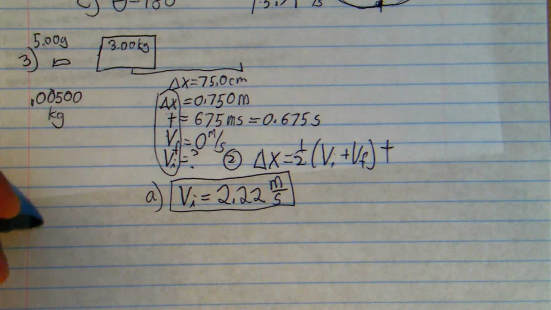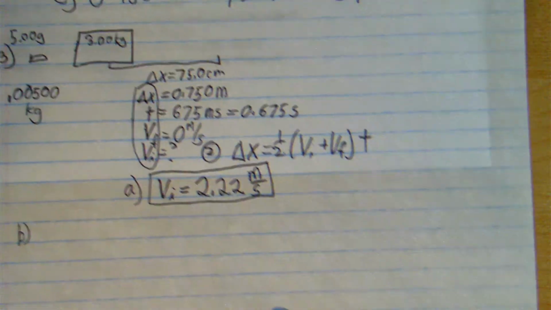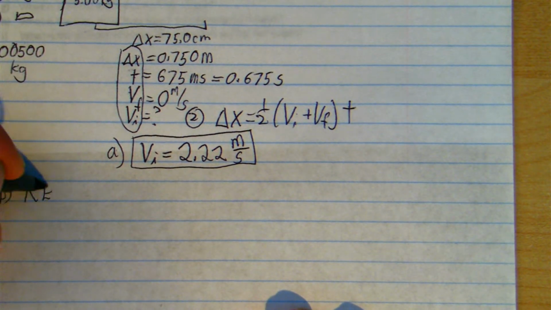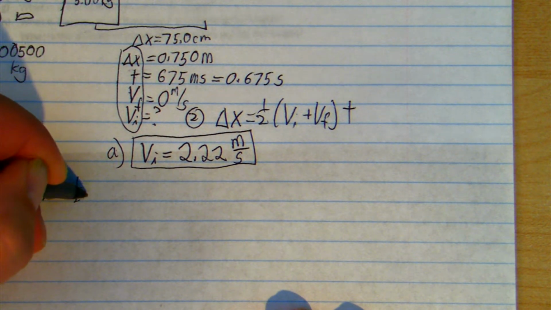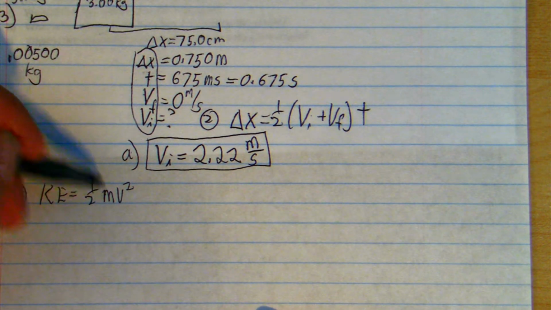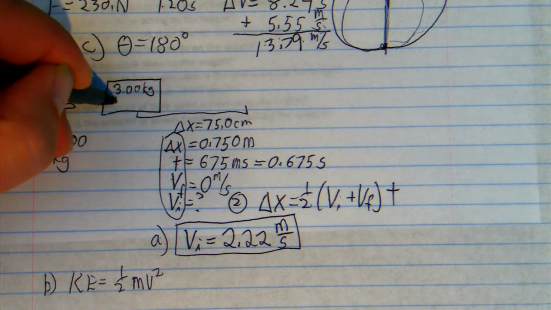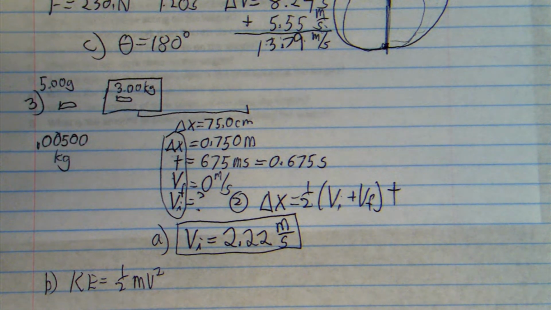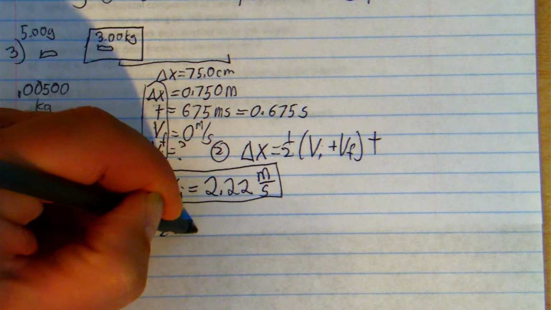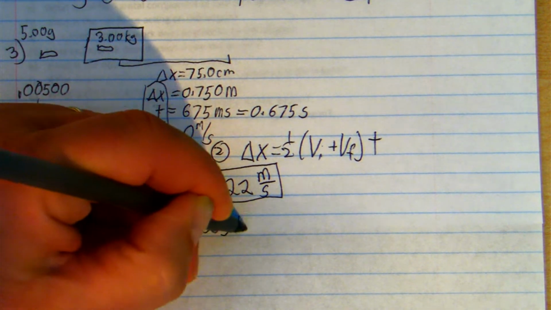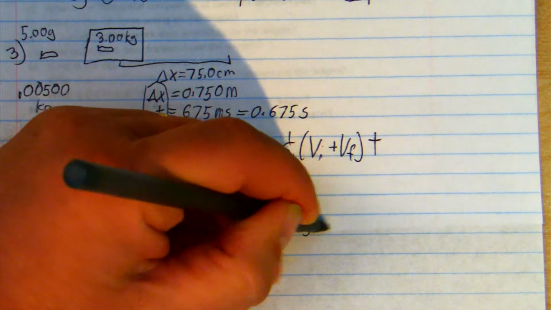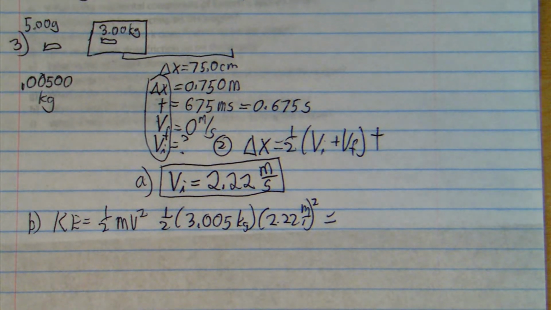Part B. What is the kinetic energy? Well, kinetic energy is 1/2 mv squared. And the mass in this case is the block with the bullet inside of it. So 1/2 of 3.005 kilograms times 2.22 meters per second quantity squared.